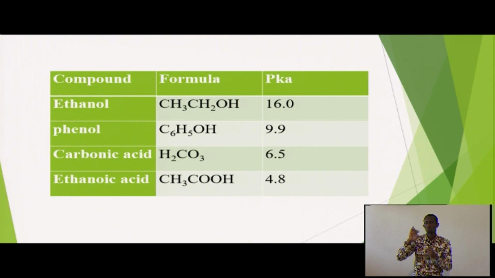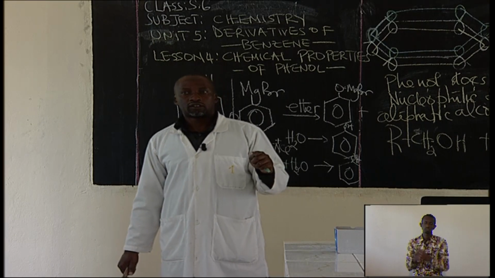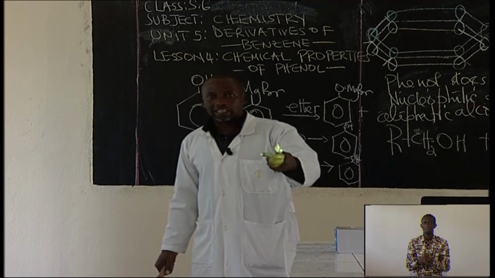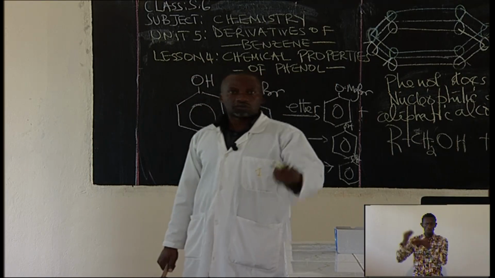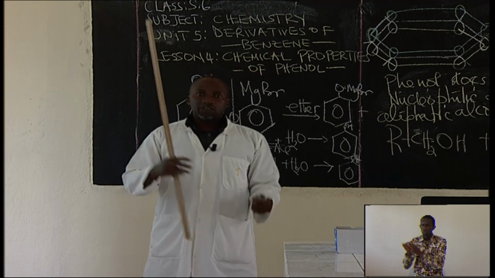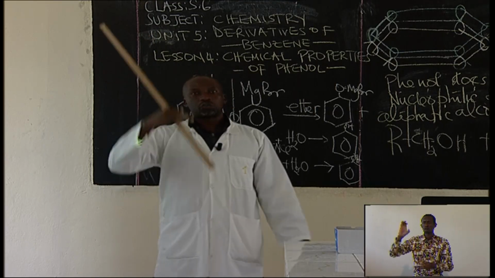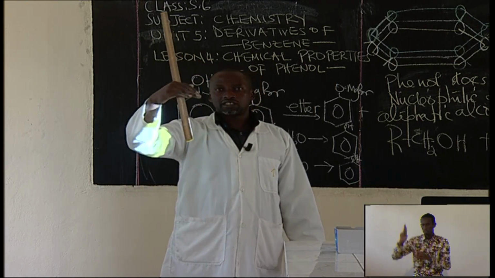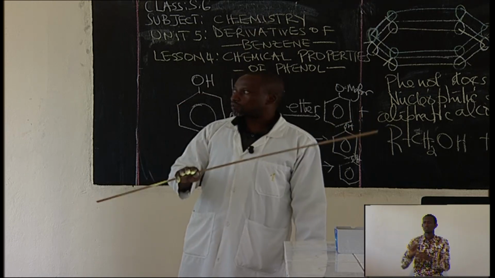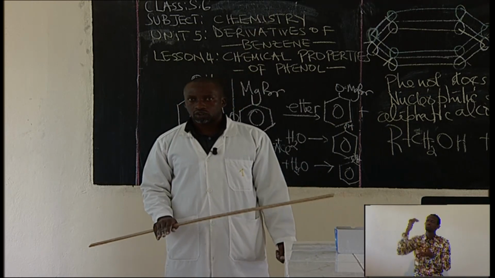What did I say? I said the pKa values indicate or tell us the strength of the acid. If the pKa value is big, that means the acidity is low.